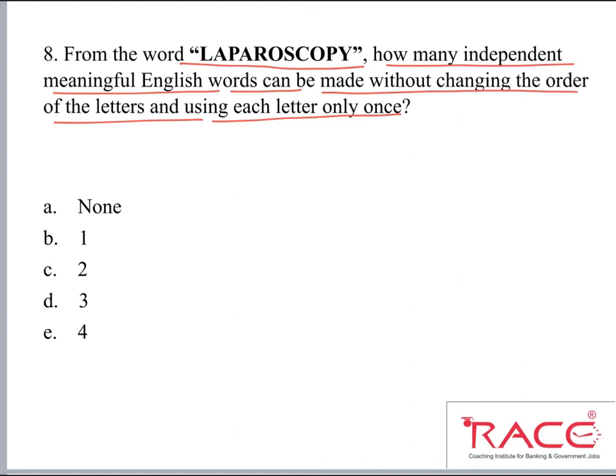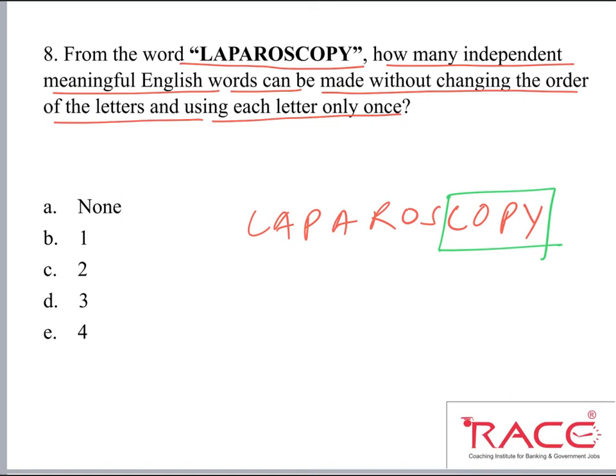words. So in this case, the word is LAPAROSCOPY. So easily we can see first word without changing the order, and after using each letter once, we have COPY, and second is LAP.